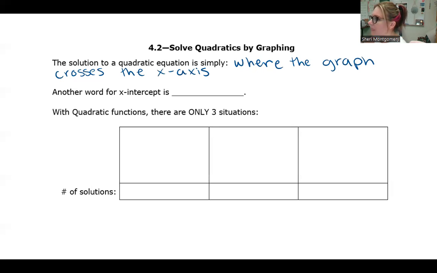So the solution is where the graph crosses the x-axis. What do we call when you cross the x-axis? Right, an x-intercept. Another word for an x-intercept is a root.